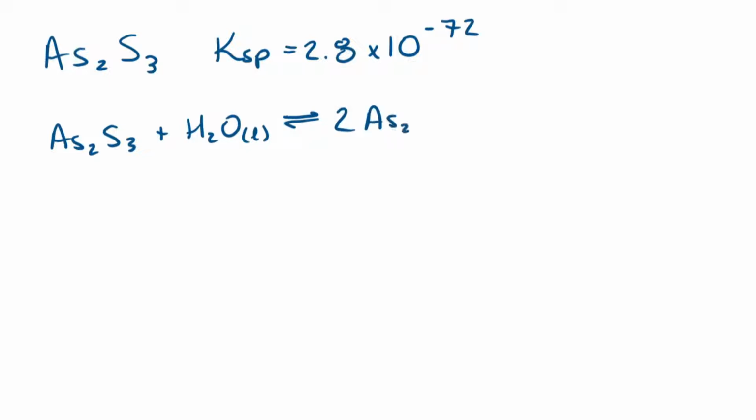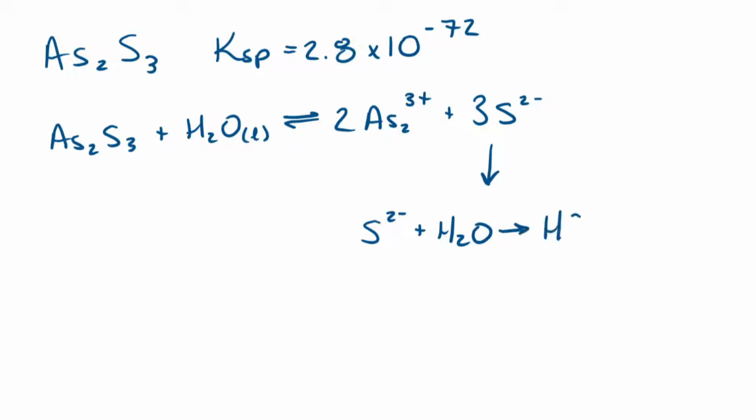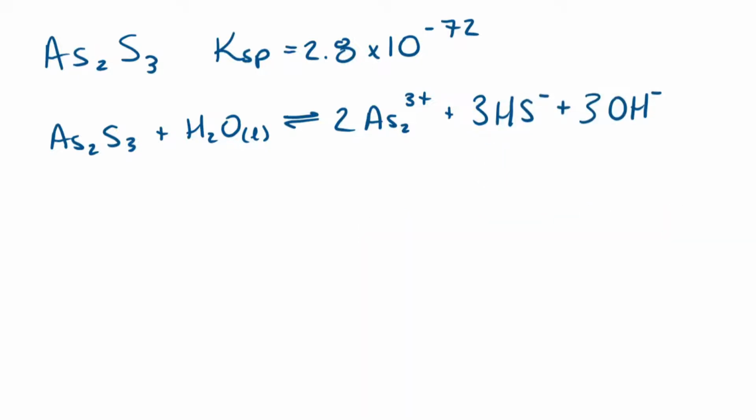The sulfide ion S2- is a strong base, so instead of the equilibrium product you'd usually expect of arsenic sulfide and water in equilibrium with 2 arsenic ions and 3 sulfide ions, the sulfide quickly reacts with water to create bisulfide and hydroxide, and the overall equilibrium reaction is arsenic sulfide and water in equilibrium with 2 arsenic ions plus 3 bisulfide ions and 3 hydroxide ions.